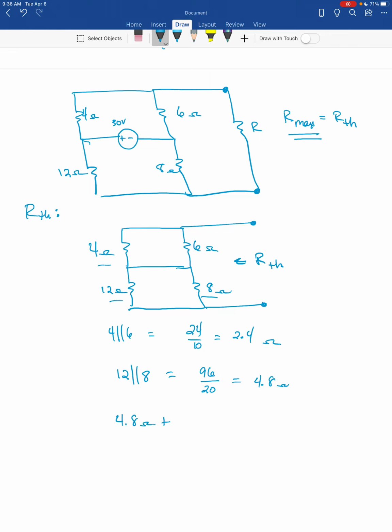So now I have 4.8 ohms in series. Once I do the replacement here and here, those two become in series. So I just add those together and I get 7.2 ohms, and that's R Thevenin. But since R for max power is equal to R Thevenin, then it's 7.2 ohms. That's your answer. Okay, and I think that completes the exam.